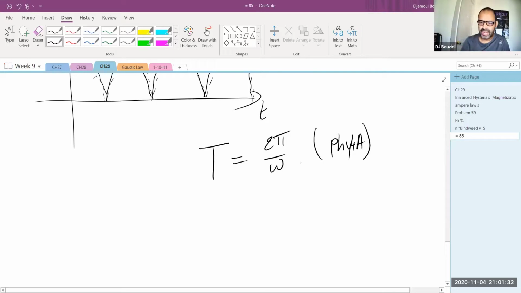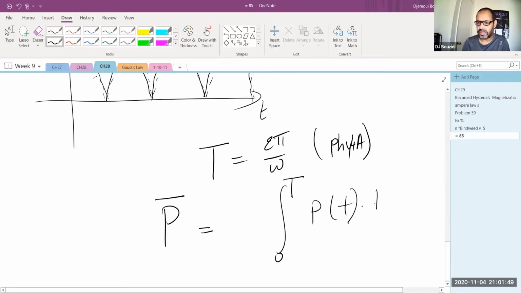P on average in one cycle, we're going to define it as adding from 0 to T of the power as a function of time, integrating it with respect to time, dt, and dividing by the period itself.